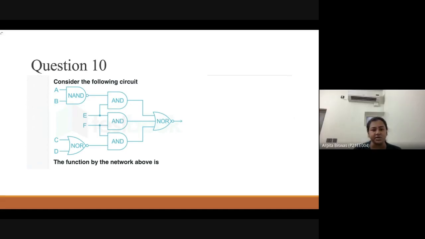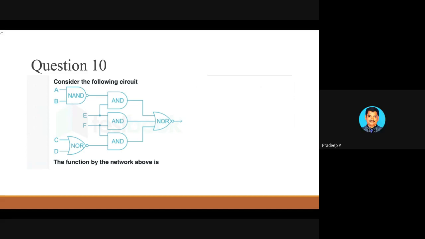Consider the following circuit, the function by the network above. So you have to find out the output. Question 10. We will do it, madam.